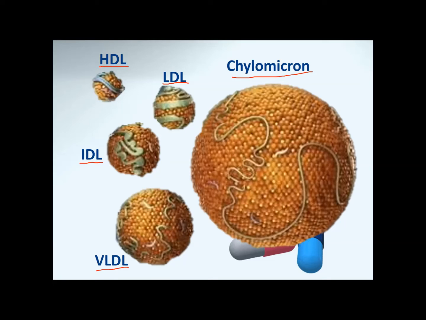Okay, so all of these are ways of transporting triglycerides and cholesterol around the circulation, and they perform different roles. And as you will probably have heard, LDL and HDL are talked about the most, and usually LDL is referred to as bad cholesterol and often HDL is referred to as good cholesterol.